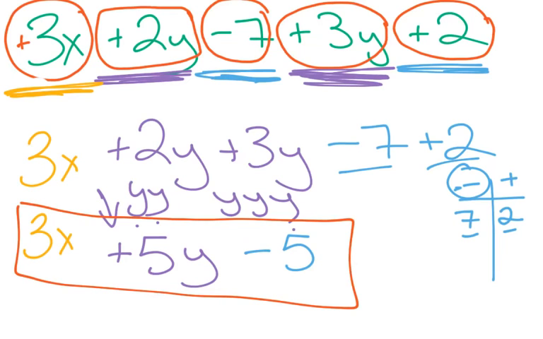You have simplified this whole expression from 5 terms down to 3 terms, and now it's a lot more simple when you need to go then plug in and evaluate, oh, if x equals 3 and y equals 7, what's my answer? You don't need to be plugging it in all over the place. You'll only need to plug in 1 time for x and 1 time for y.